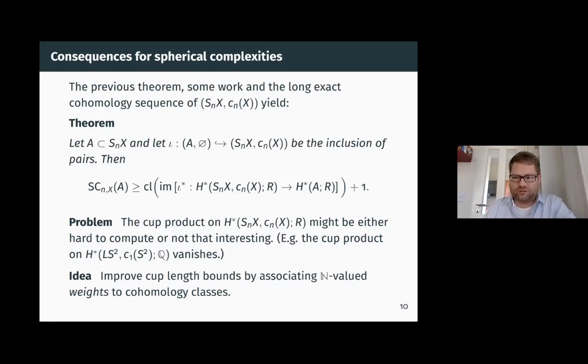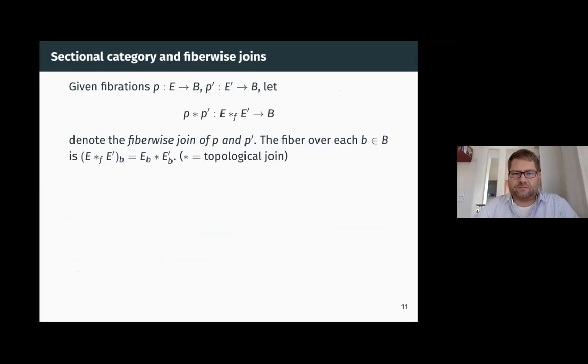This is a very general way of going that was also done in several different settings, and I want to explain a bit about this. For this, I have to go a bit into detail, namely into the things underlying these studies of sectional category. If we have two different fibrations P and P prime over the same base space B, we can form the fiber-wise join of P and P prime, which I denote by a join with an F as an index for fiber-wise.